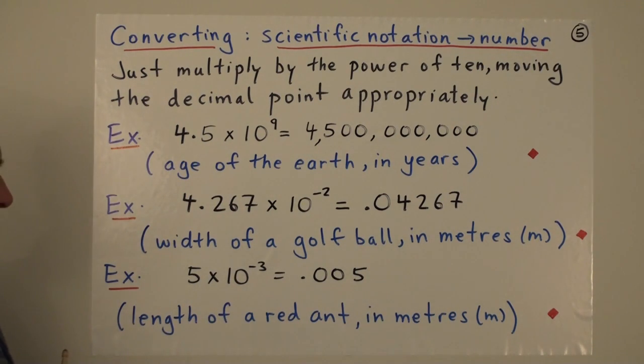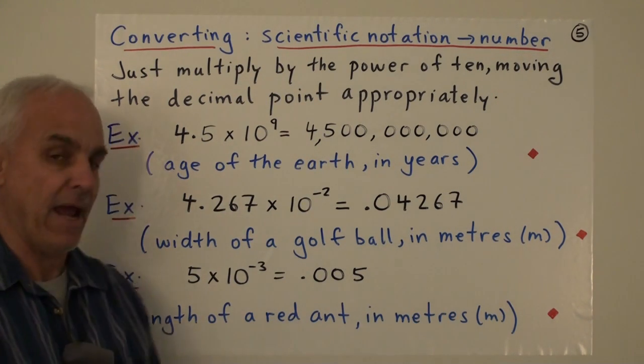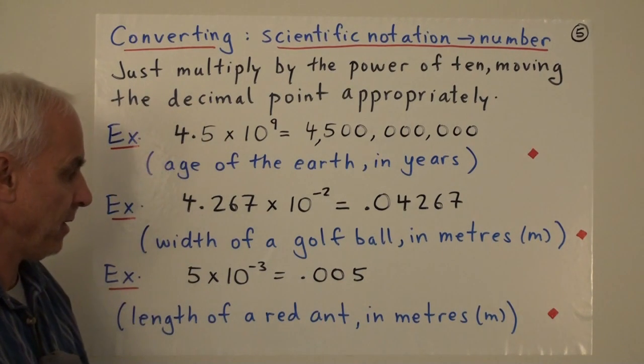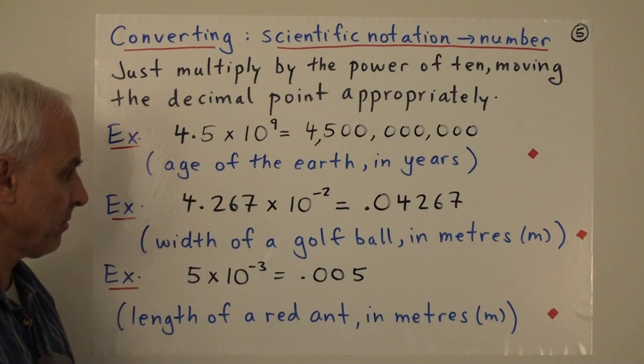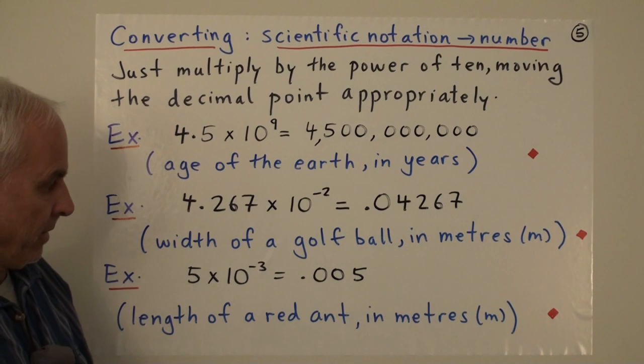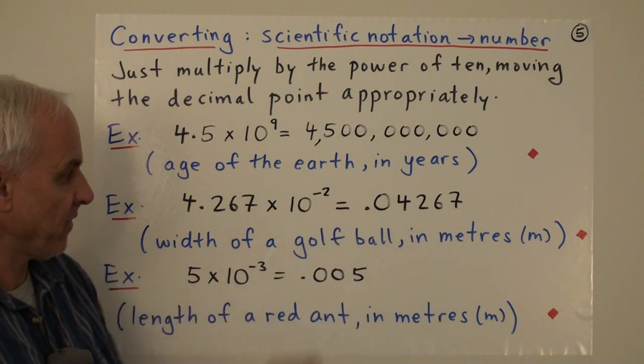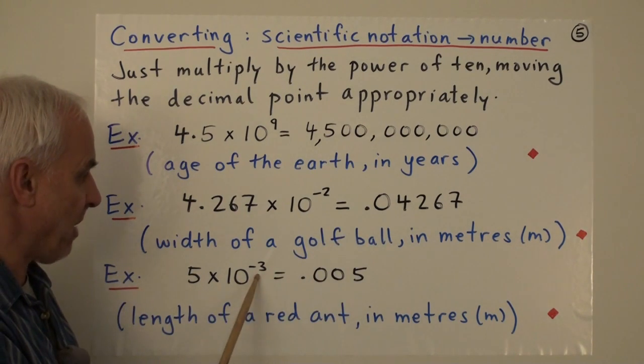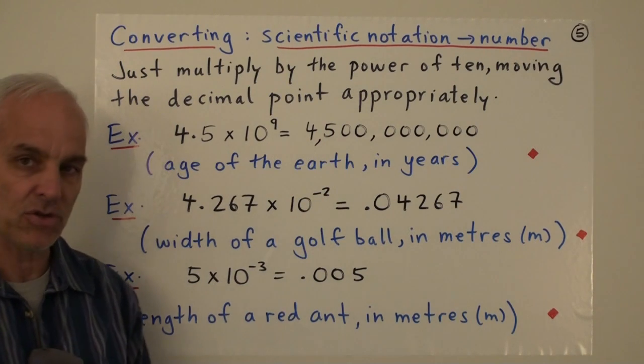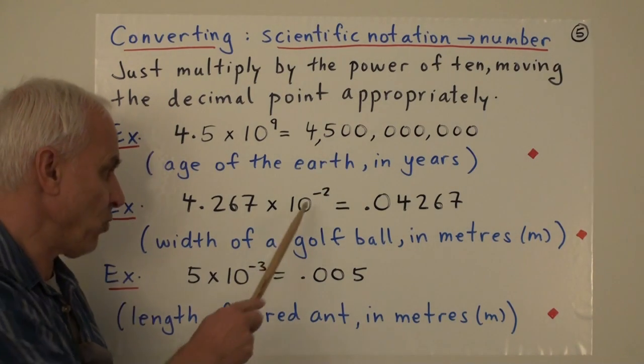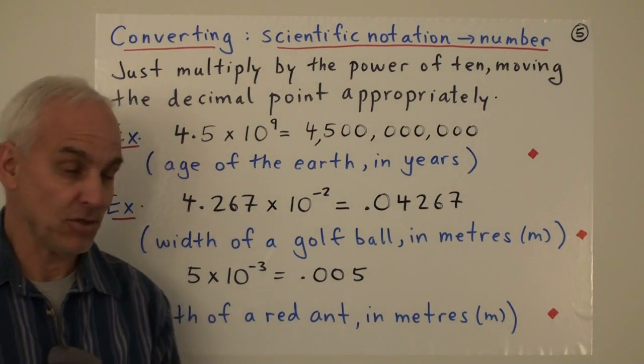And this is roughly the length of a red ant in meters. Okay, it's not that much different from this, but it's 10 to the minus 3, and this is 10 to the minus 2. So 10 to the minus 3 is 1/10 of 10 to the minus 2.